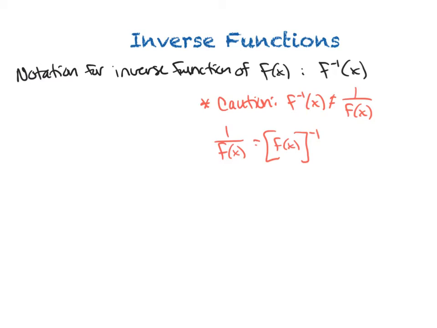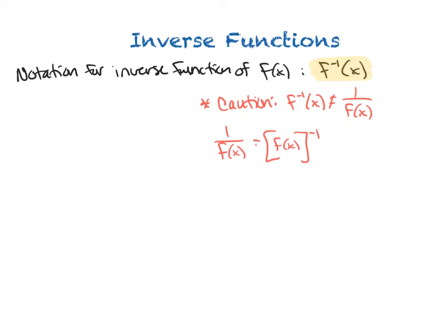And generally, we don't combine those two notations in the same introductory section. So the notation that we're going to use is exclusively f inverse, with the -1 in the exponent position, of x, or f inverse of x.